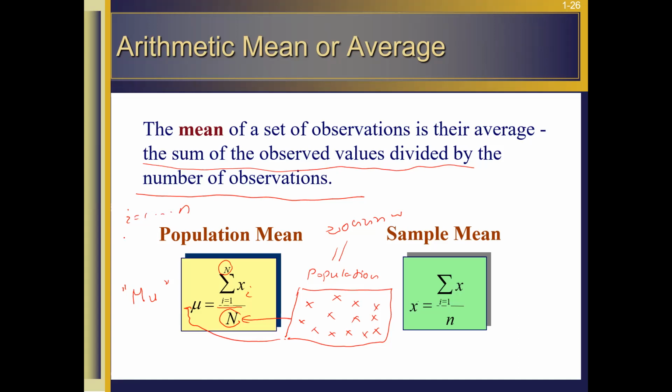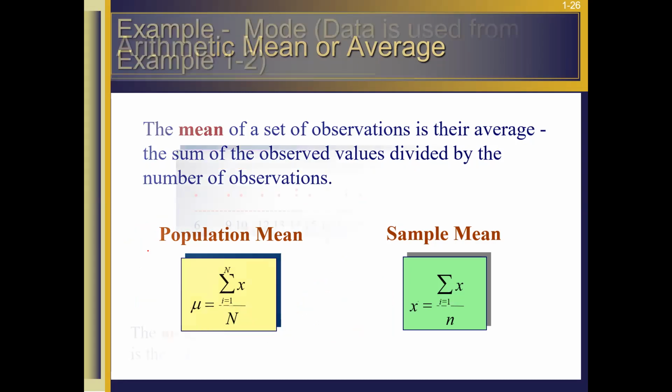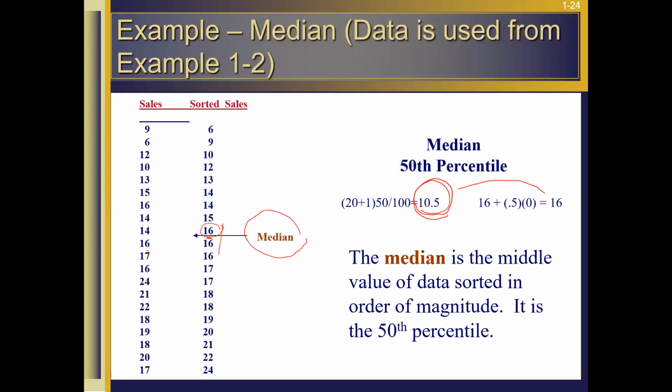In our data set, i started from 1, 2, 3, 4 up to 24, no? So first value here, sorry, up to 20. First value there is 6. Let's see what is the second value. 9.